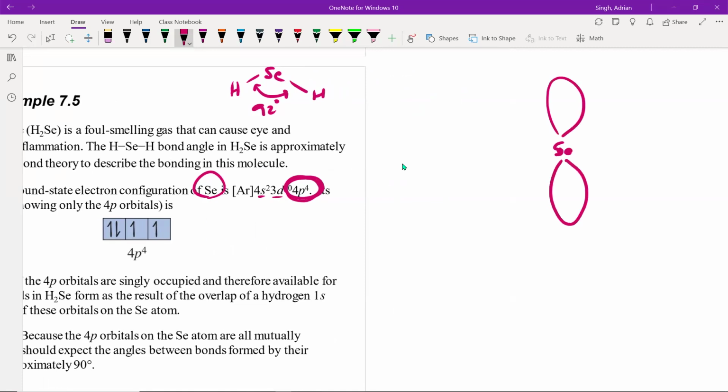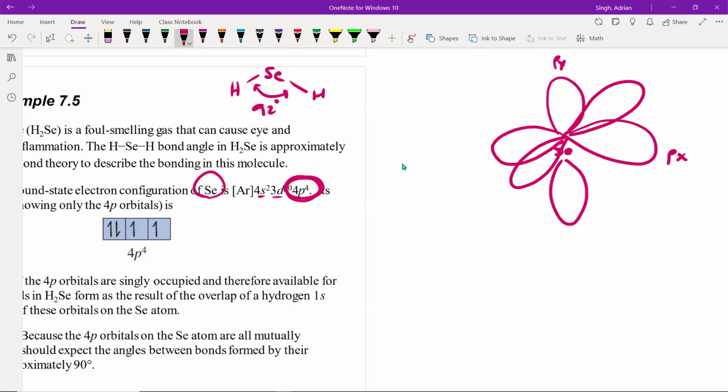Let's say this is my py, this is the px, and my pz kind of in this direction.